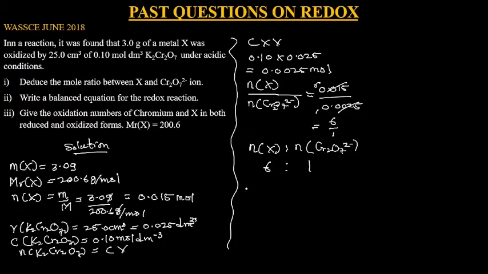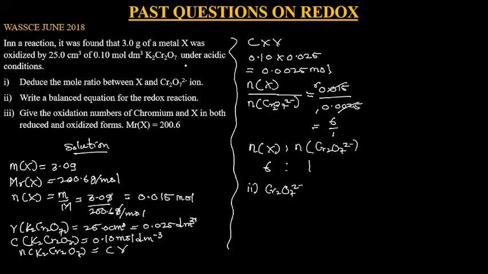So for a balanced equation for the redox reaction, now we have chromate, Cr2O7 2-. Now we're told that the chromate was used to oxidize the metal. What that means is that the potassium chromate is going to be reduced.